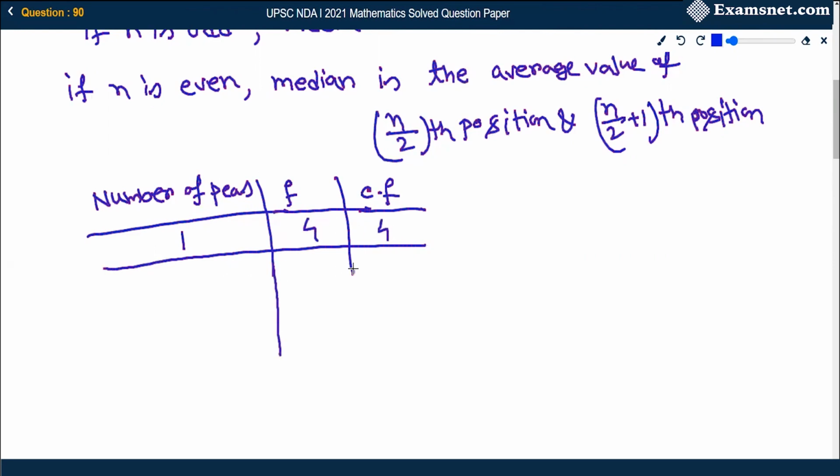Next 2, frequency 33, so cumulative frequency 37. Next 3, frequency 76, so cumulative frequency is 76 plus 37, that is 113.